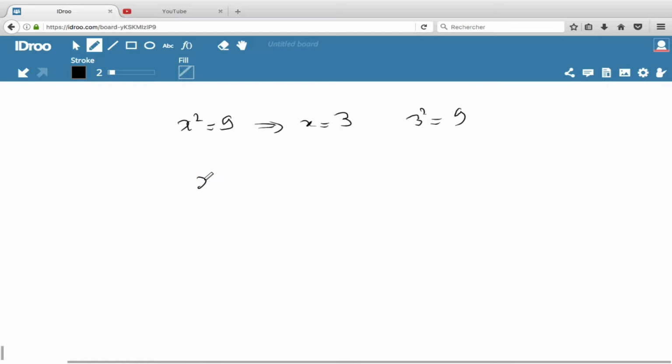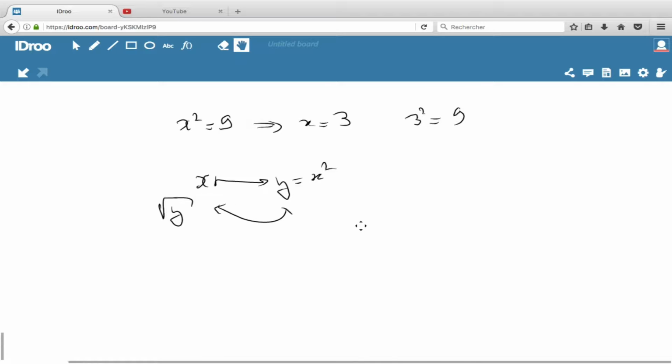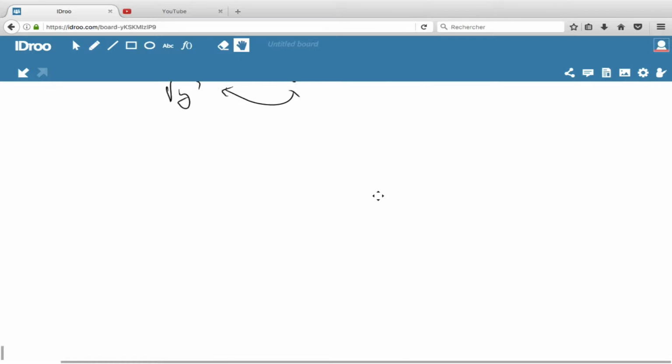Okay, so when you've got x and you go to y equals x to the square, when you make the reverse, you use square root of y. That just is. Okay, but that's not what I want to talk about today. It was just a funny thing.